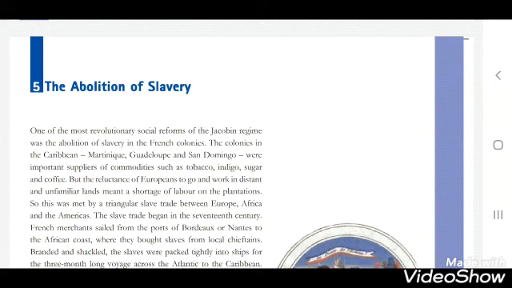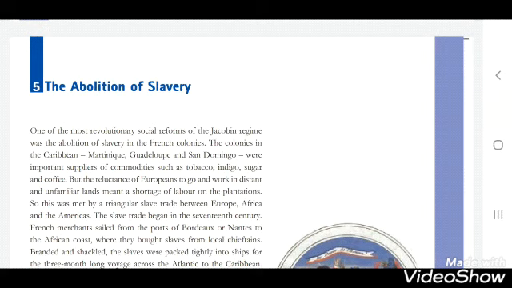And this triangular slave trade worked for many decades, as the exploitation of slave labor helped the plantation owners fulfill their demand, since there was demand in the European market for sugar, coffee and indigo.